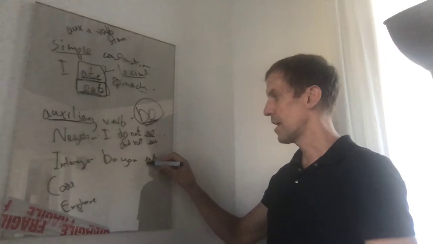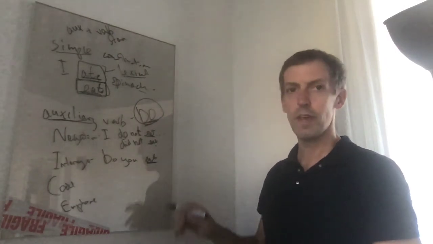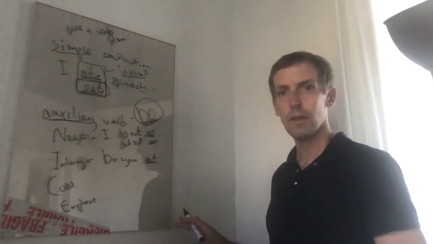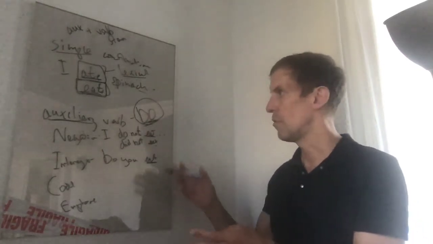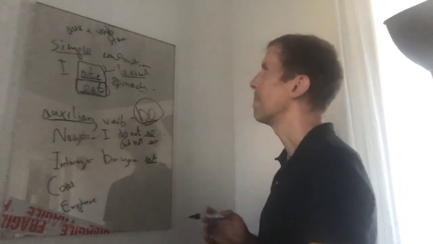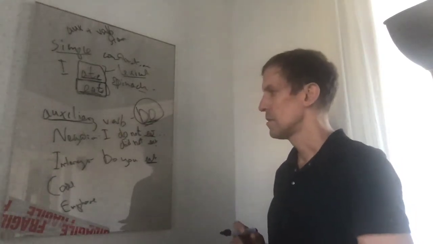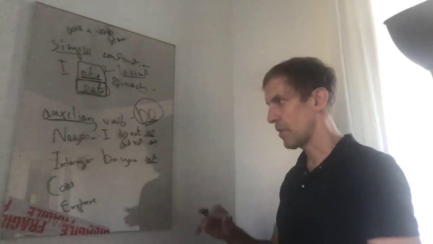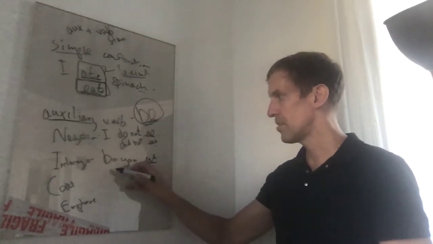Notice once again, this eat is never going to be anything other than the non-conjugated form, right? The infinitif sans to, what we call the verb stem. Okay, so that's a fixed expression. Do you eat spinach? Does he eat?